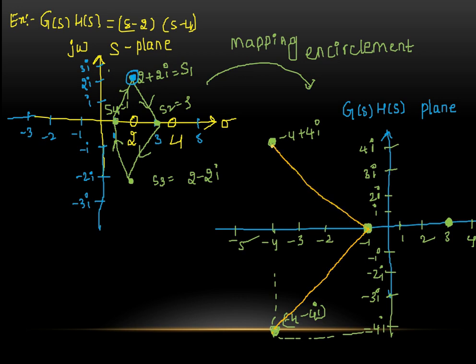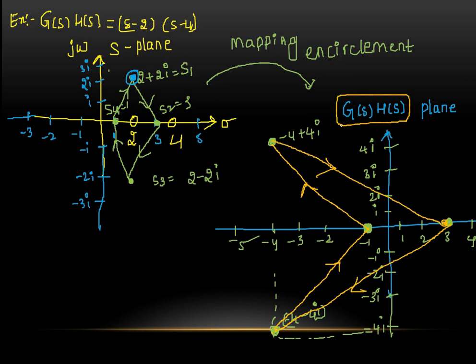When s3 equals 2 minus 2i, minus 4 plus 4i, and s3 to s4, and again come back s4 to s1. So s4 to s1, s1 to s2, s2 to s3, s3 to s4, and s4 to s1. In this way we are mapping the s plane values into the G(s)H(s) plane.